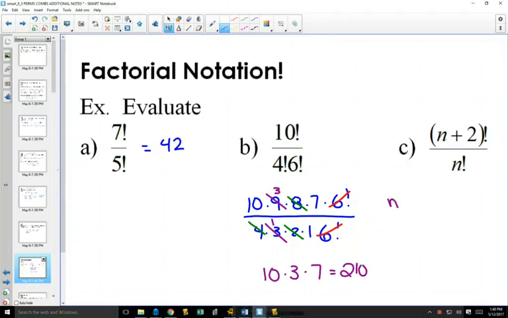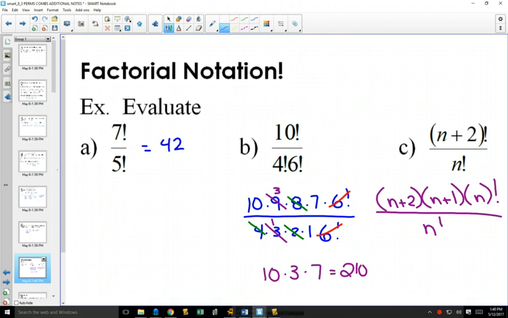N plus 2 is the bigger one, so we start expanding that bigger one until we get to the one that's on the bottom. You can write a factorial after that one because it would keep on going, but that will cancel out with the n factorial on the bottom. And then you'd be left with just n plus 2 times n plus 1.